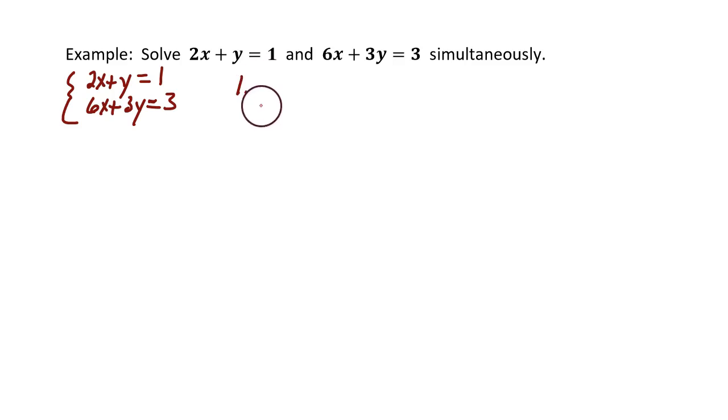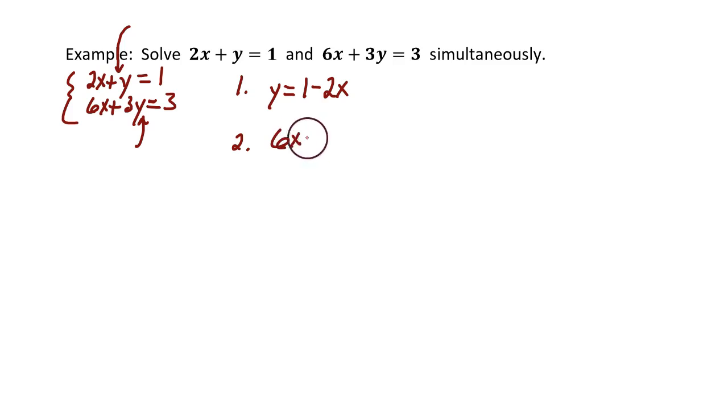Step 1 of substitution is to solve one of the equations for one of its variables. I think the easiest one to solve for is the letter y in the first equation, because all we need to do is subtract the 2x. Then, step 2, we're going to substitute 1 minus 2x in place of the letter y in the other equation.